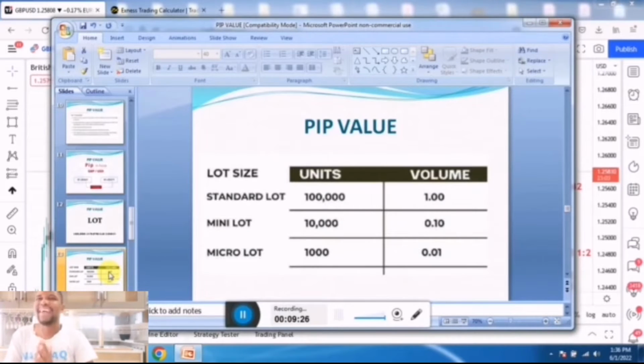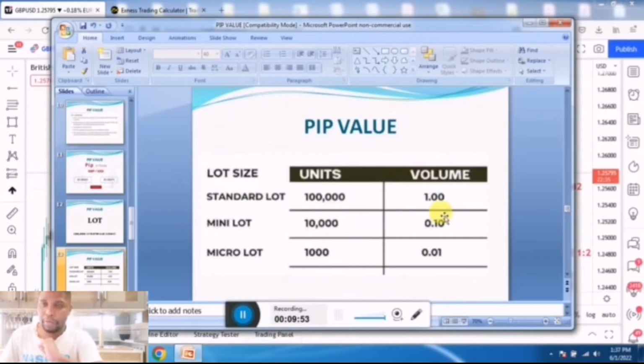So basically there are 3 main lot sizes that we normally see on our platforms, or that we normally hear about even when those guys on CNBC talk. Firstly, the biggest lot is a standard lot, which is 100,000 units.